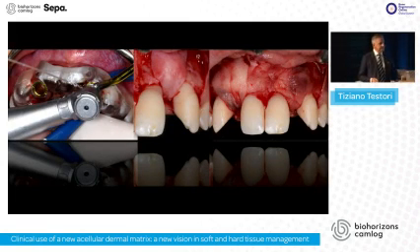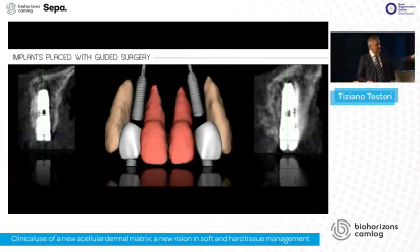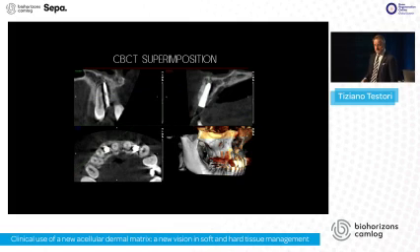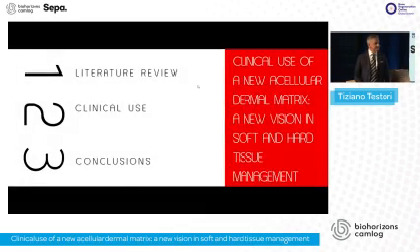We place the implants, we use Novomatrix as a regenerative membrane, as a regenerative matrix, PRF, close and reopening. This is a CT immediately after the placement, and this is the superimposition showing you the same concept as before, that we have clinical evidence that these matrices work in the clinical arena. This is the final prosthesis in a very challenging case.